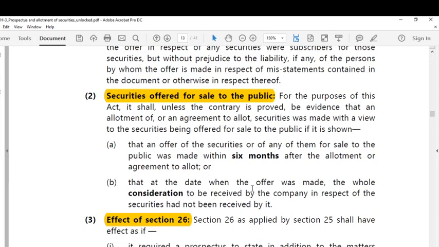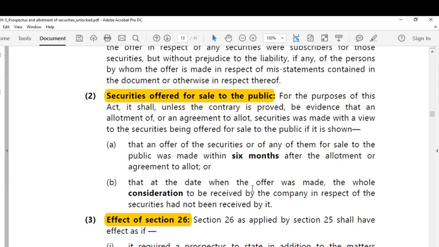in all these cases, it is considered to be OFS, offer for sale of securities to the public, and is also considered as a deemed prospectus. And here I tell you, offer for sale of securities can be done by a member of a company through the company.